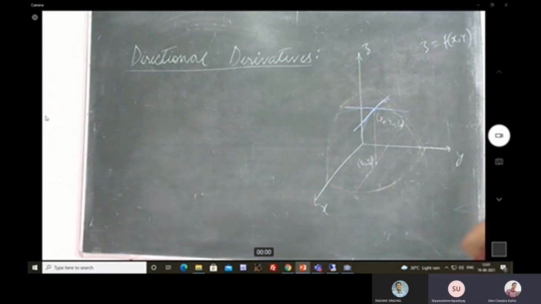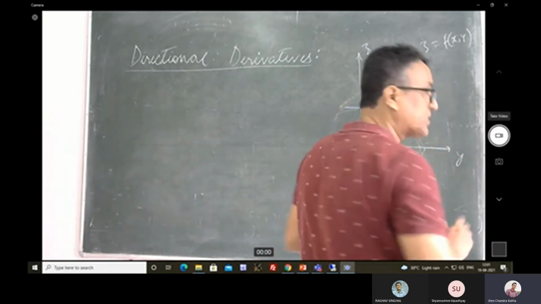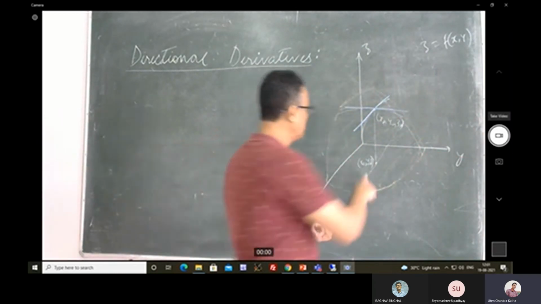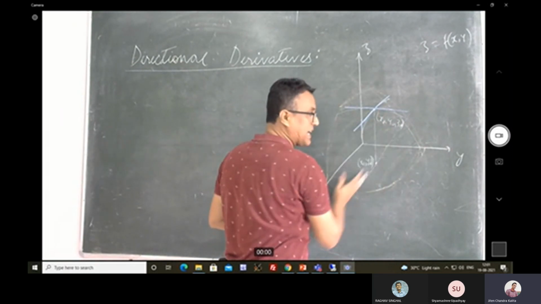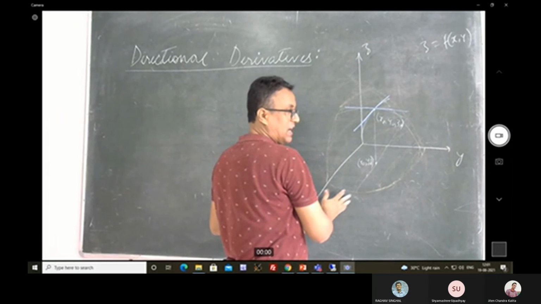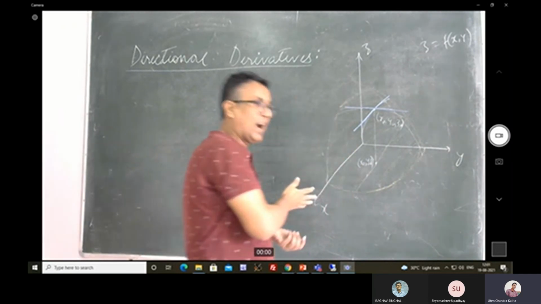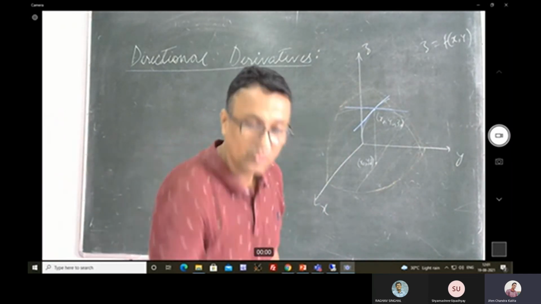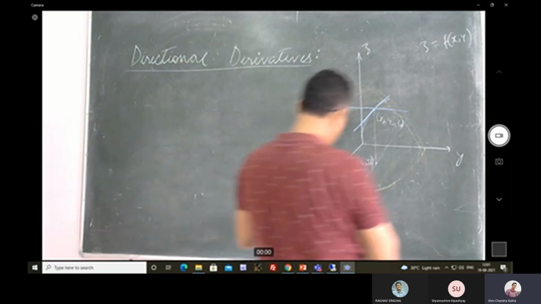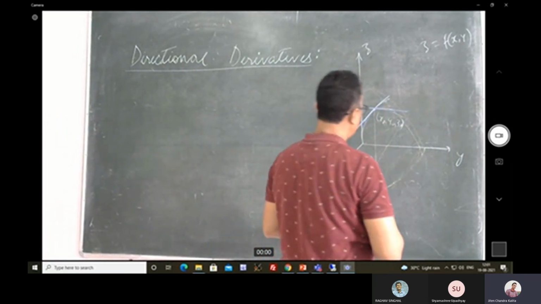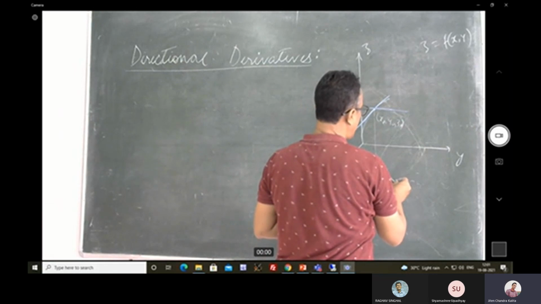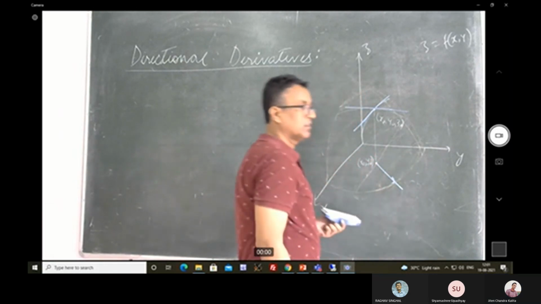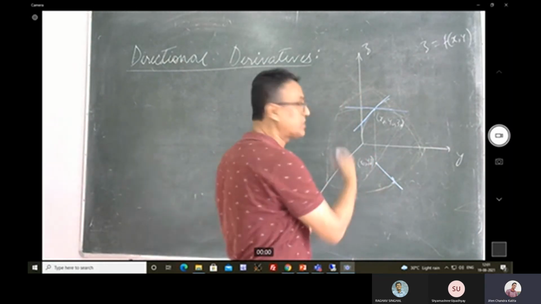Now, what we are going to do, instead of these x and y directions, because we took planes parallel to x and parallel to y, right? Now suppose I want to find out the rate of change of this variable in an arbitrary direction.